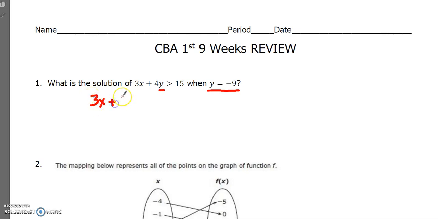So we have 3x + 4 times -9 is greater than 15. So 3x, and then 4 times -9 is -36, greater than 15. And then we are going to add 36 to both sides.